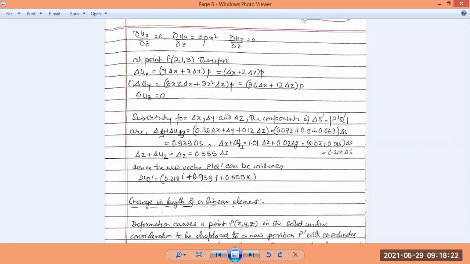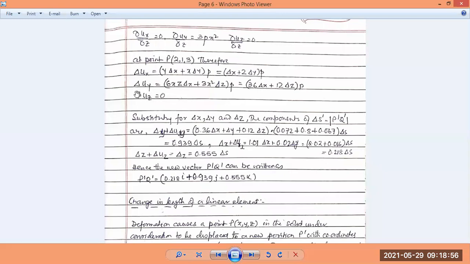As per the equation we have derived already, delta ux will be dux by dx, which you have calculated as y, multiplied by delta x, plus dux by dy, which is equal to x, multiplied by delta y, multiplied by p. After simplification, it will become delta x plus 2 delta y into p.